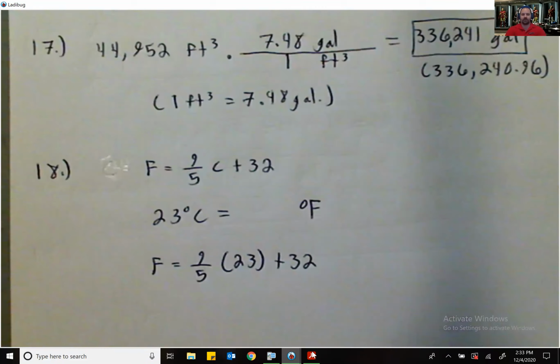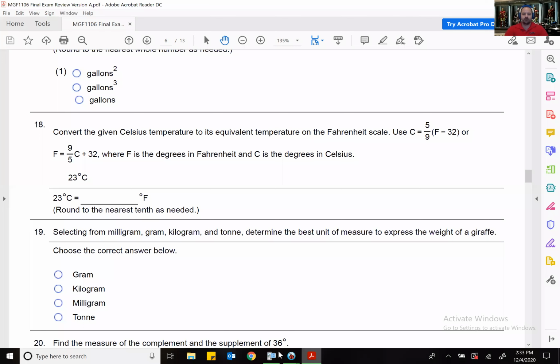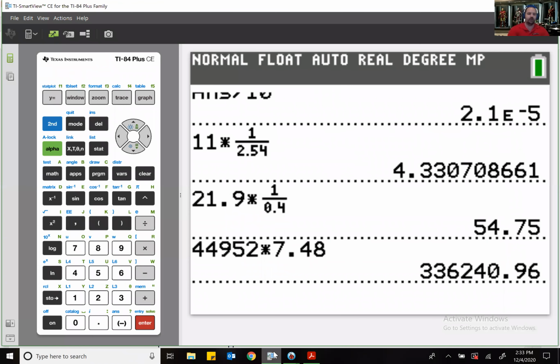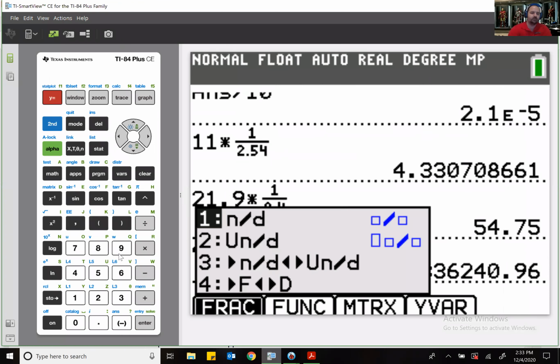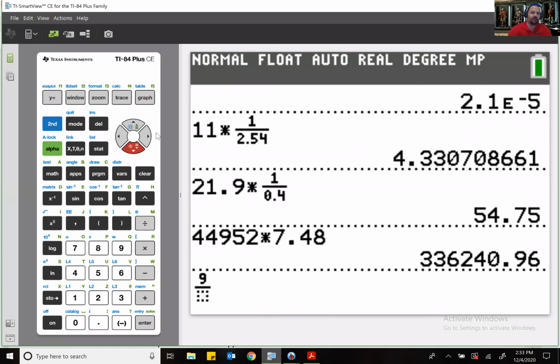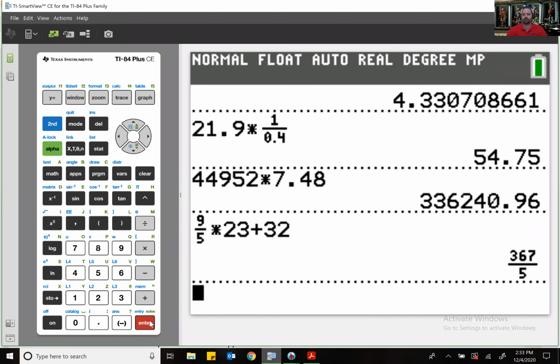We'll just go to our calculator. And we've got y equals 9/5 times 23 plus 32. And if it gives you the fraction, all you got to do is just divide the two numbers. 367 divided by 5.